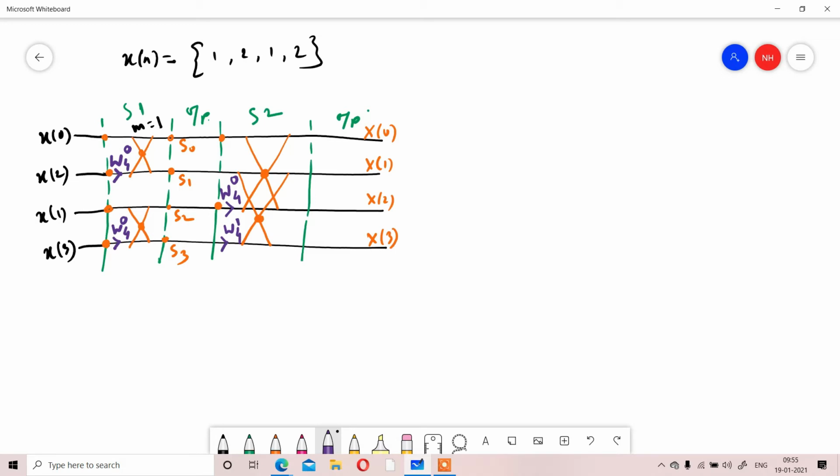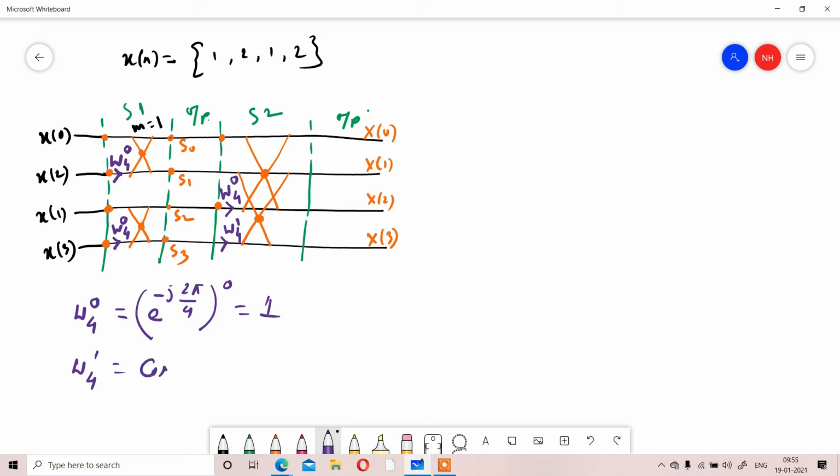So now, W4 to the power 0, what will be the value? e to the power minus j 2 pi by 4. That is your W4 to the power 0, so it will be 1. And W4 to the power 1 means e to the power minus j 2 pi by 4 to the power 1, so e to the power minus j pi by 2.